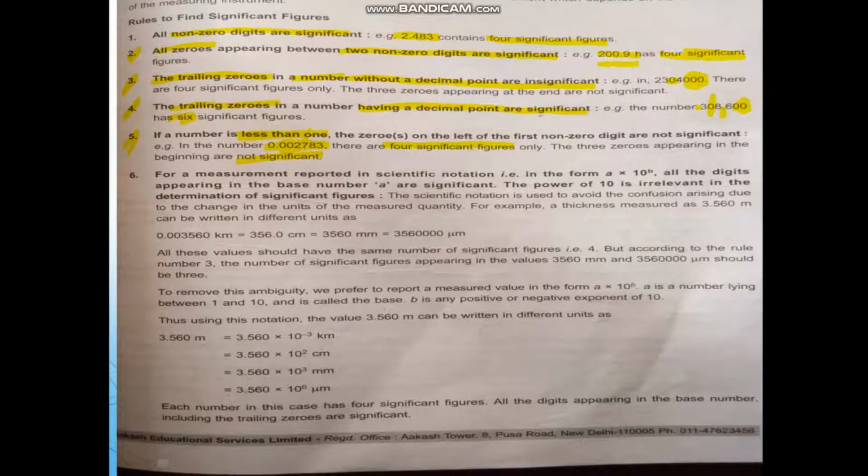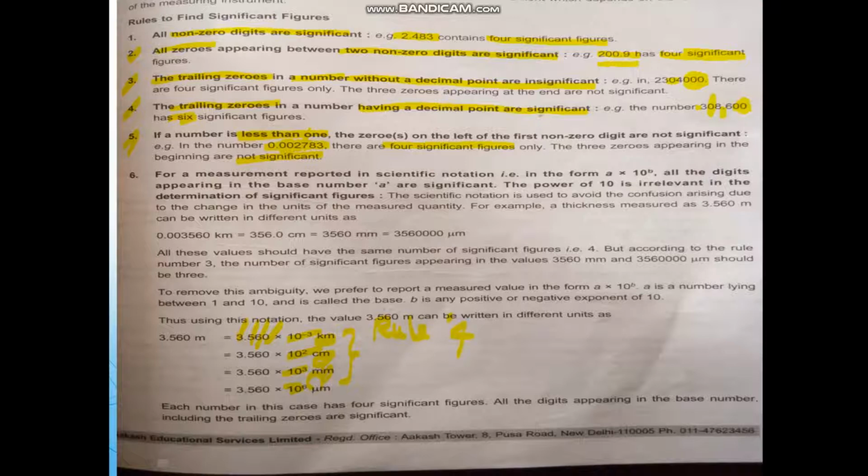Next, this is a very important case. Suppose they are giving like this, it is a very important case. If they are giving like the powers, you should not see the powers at all, and you should also not see the units. You just see the number. 3 is a significant digit, 5 is a significant figure, 6 is a significant figure. All the trailing zeros after the decimal point are significant. This is the thing that we have learned in rule 4.